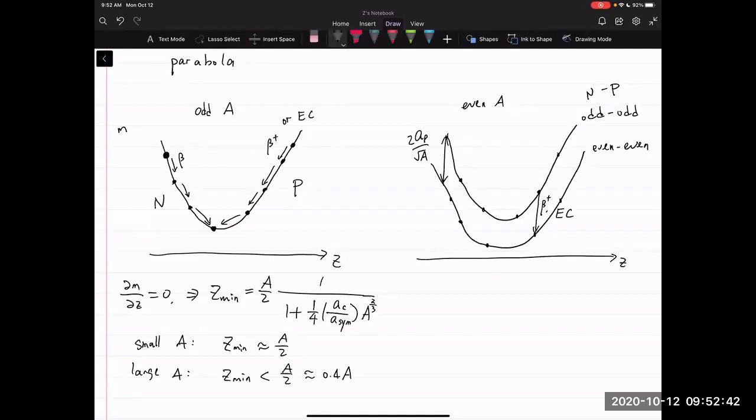If we have more neutrons, the neutron can decay to protons to create more Z through this beta decay process. Okay. So a lot of radioactive decay really comes from this binding energy.